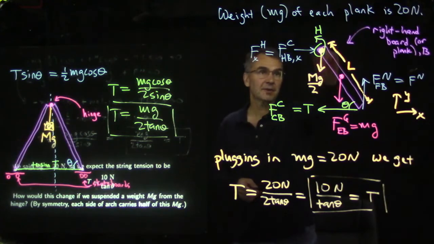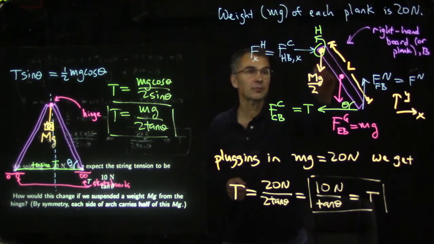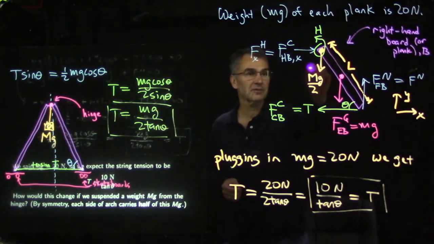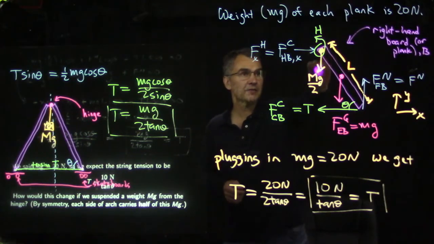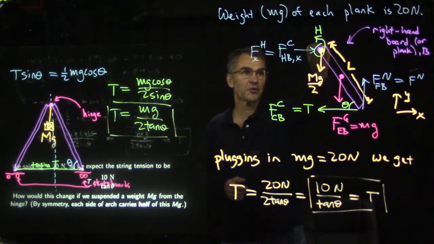By symmetry, we're analyzing only half of the arch, so you would put half of the weight here since the other half belongs to the mirror image. So that would be big Mg over 2. Because the line of action of this force passes through the hinge, which was our pivot, it would not change the torque equation, and it would not change the horizontal force equation, but it would change the vertical force equation.